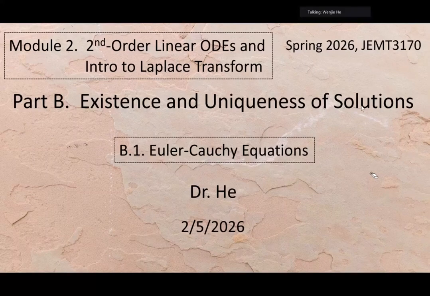For this class, our main focus is problem solving and doing computation, not the theoretical side, but we need an important small portion of theoretical understanding. So we need to understand these two important questions: existence of the solutions and uniqueness of the solutions. All right.